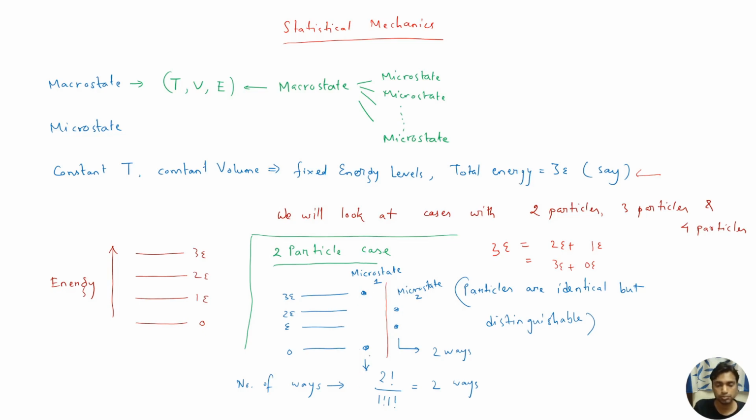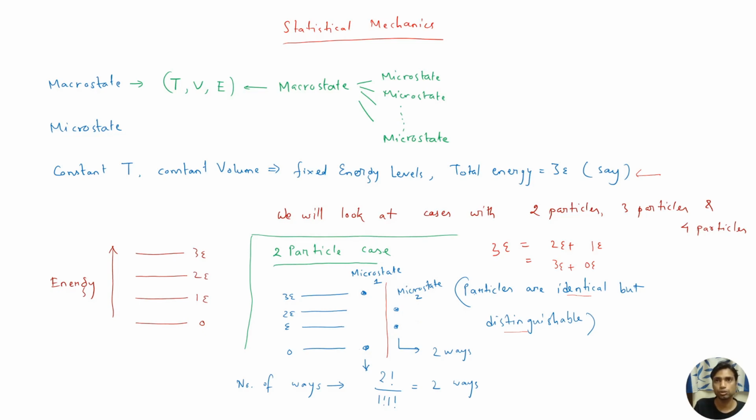And what is the number of ways to obtain this microstate? Here one thing we have to keep in mind is that the particles we are considering are identical but distinguishable. We can put a label on them, this is particle 1, particle 2.